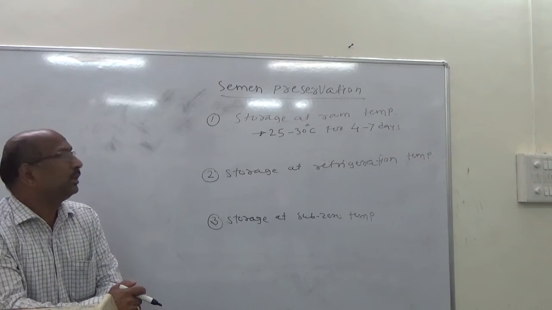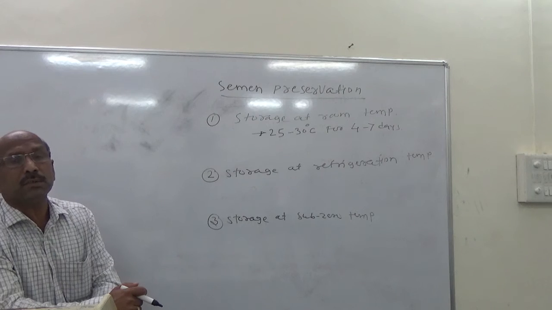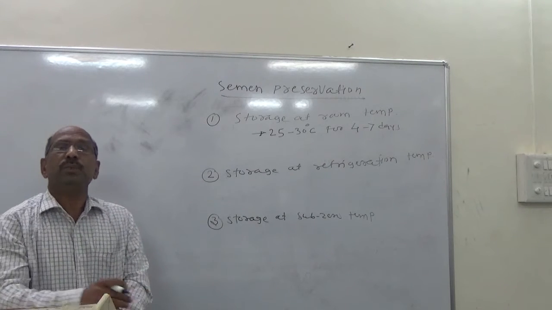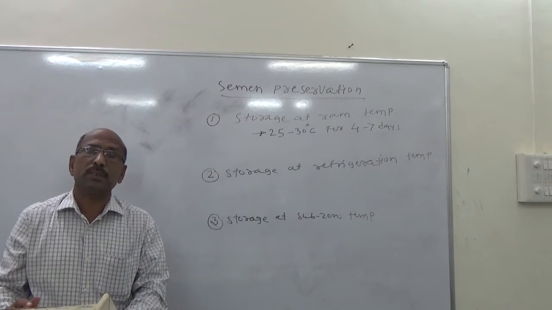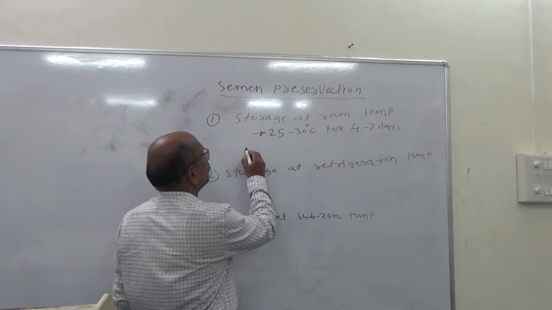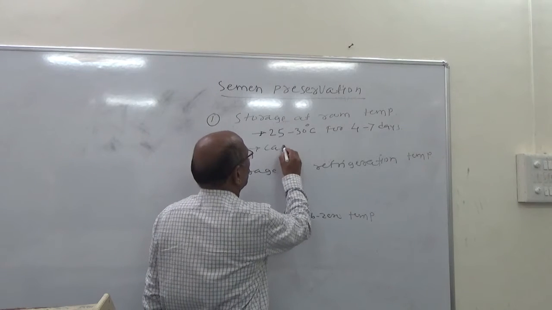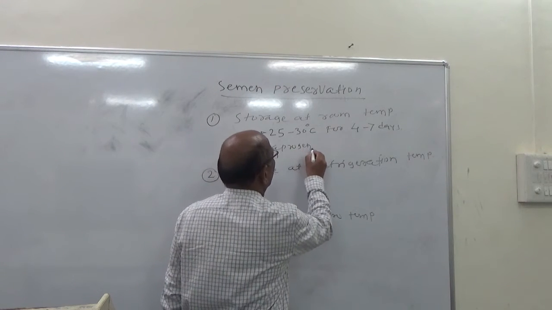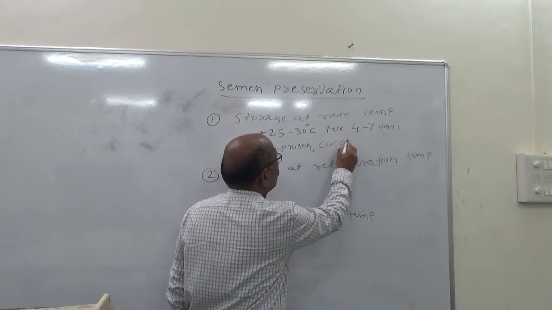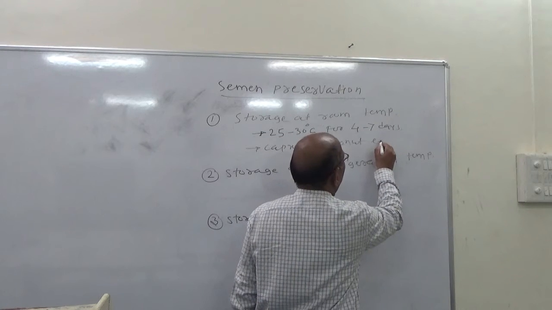At room temperature, the diluters commonly used for the dilution are caprogen and coconut extender.